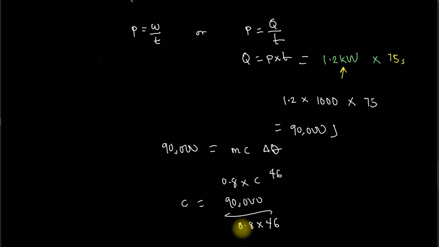Remember I told you to do the denominator separately. So 0.8 times 46 is 36.8.